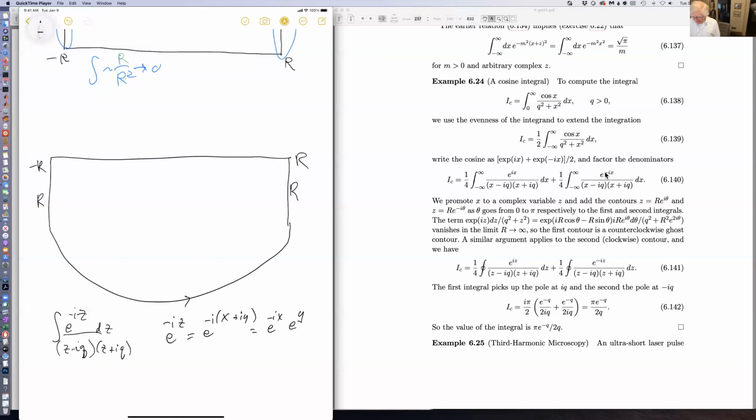So now y has to be negative. That's why we had to go in the lower half plane. And since this integral goes this way, this is wrong. It's actually going like that. So let me touch this up a little bit.